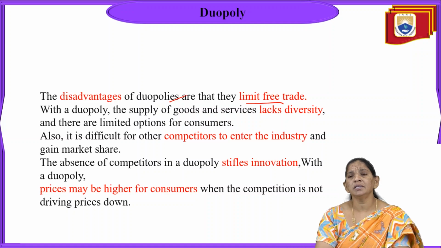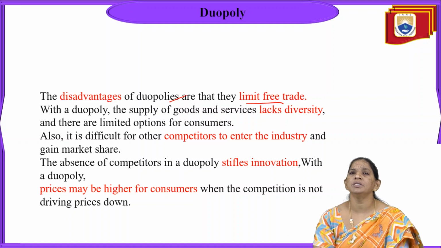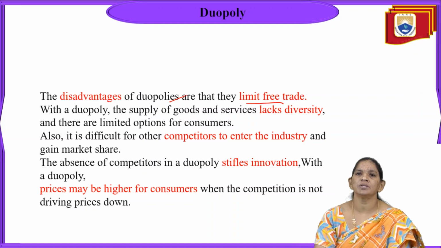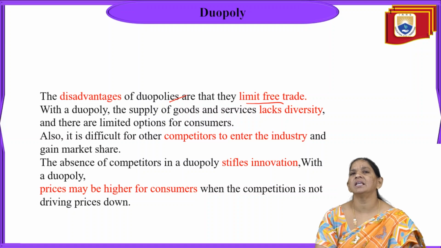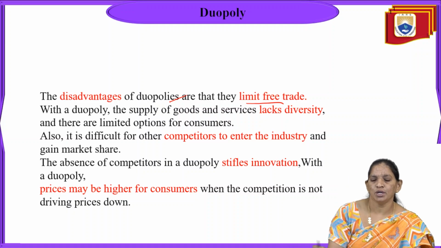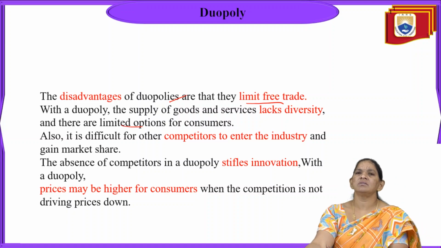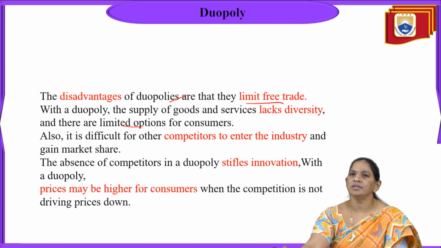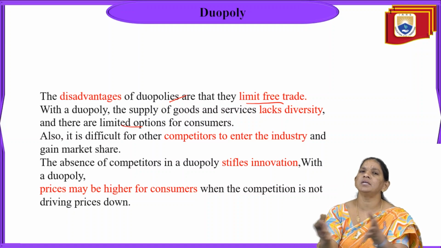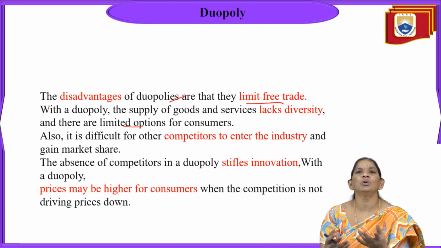And another disadvantage is that the supply of goods and services lacks diversity, where the consumer will have limited options. Meaning, in case of duopoly, we have only two market players, A and B. So these two people don't want to scatter or diversify widely.